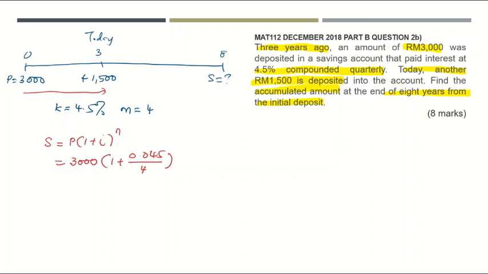The duration here is 3 years, so N is 4 multiplied by 3.